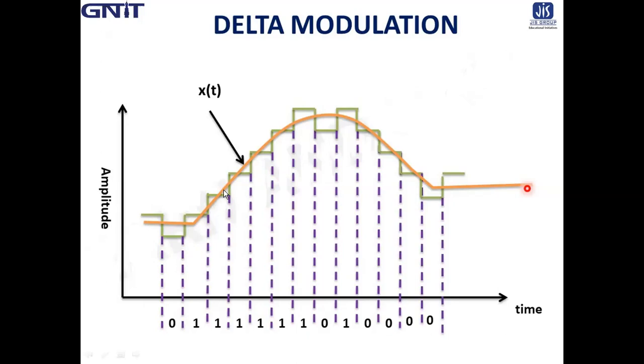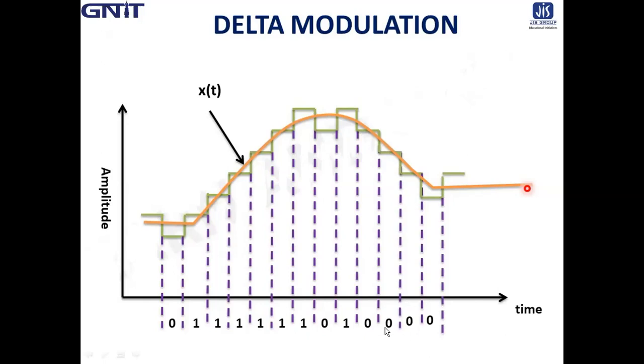Then the next sample is again higher than the previous sample value, then 1 is transmitted. So correspondingly, these are 1. Then again here is 0 because the present sample value here is lower than the previous sample value. Similarly, 1 and 0 are transmitted.